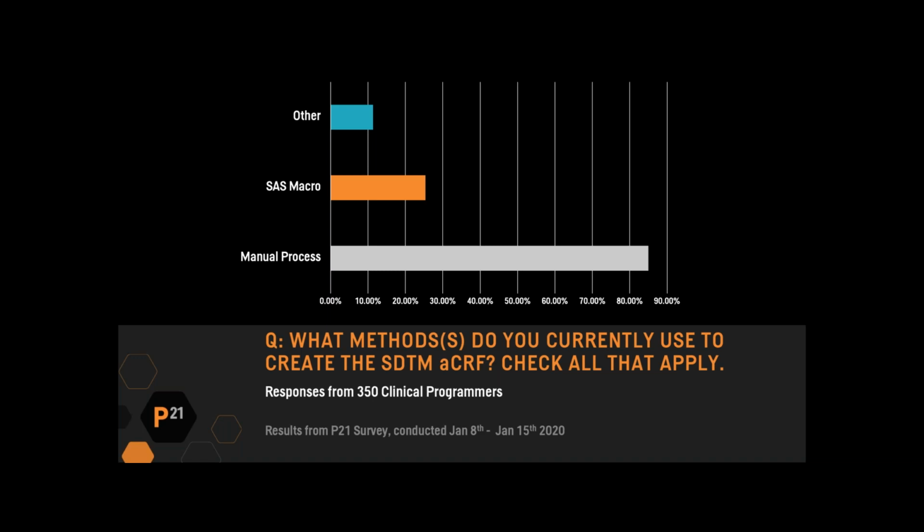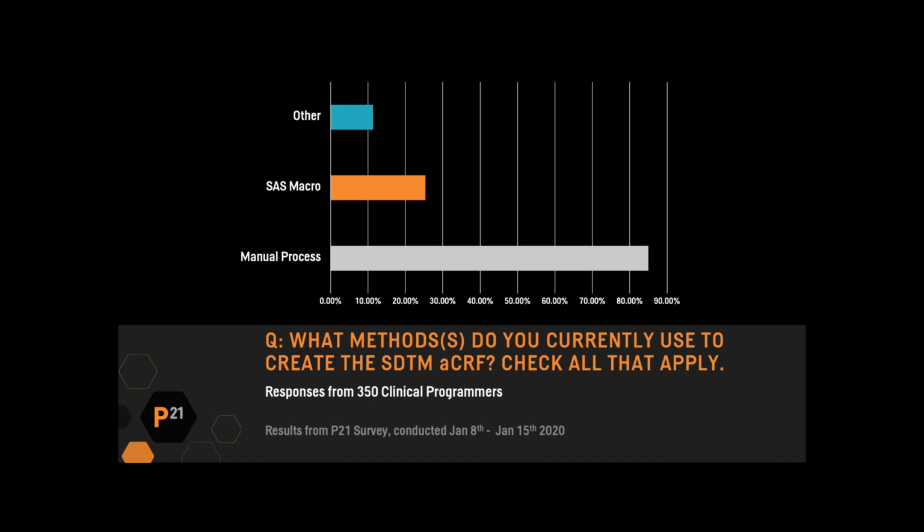We received responses from 350 people in the industry, and we found that 85% of respondents said that they create the annotated CRF using a manual process. That means 85% of people creating the aCRF are placing each annotation on the PDF using the viewer or editor. Only 25% reported using a SAS macro, and just over 10% reported using some other process.